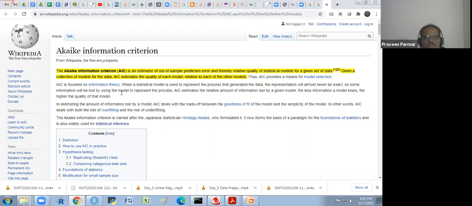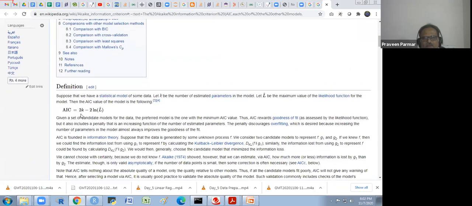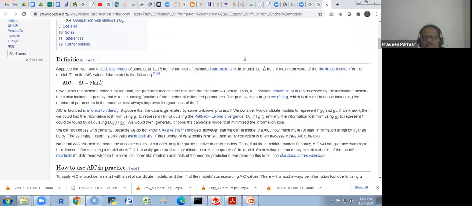So that is the AIC criterion, the Akaike criterion, that we use. We have a step function, we run that function, and that is the formula for AIC. You will learn this in the logistic regression model, which we learn after linear regression.